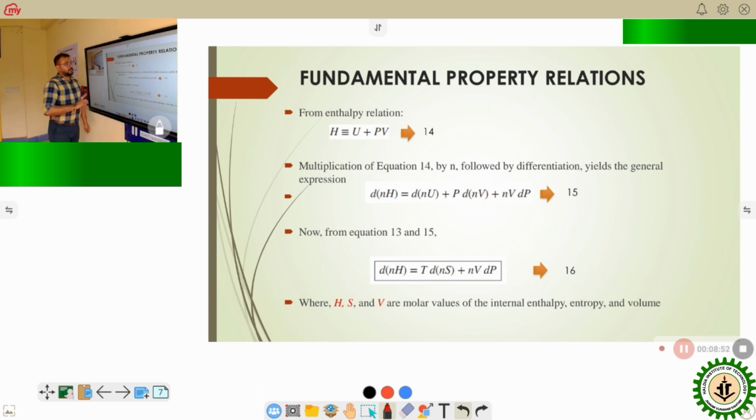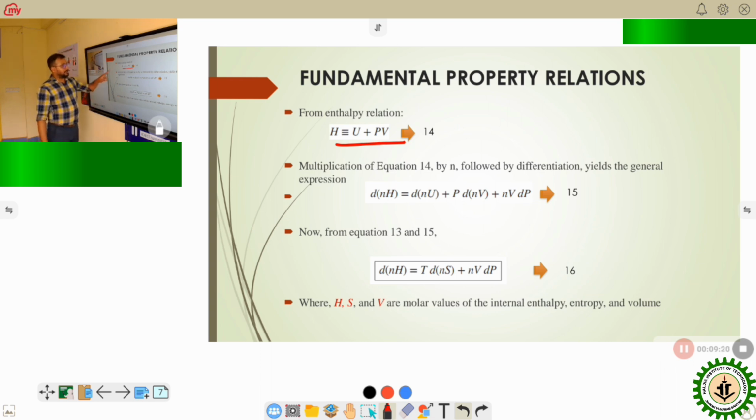Now, on the other side, from the definition of enthalpy, H is equivalent to internal energy plus the product of pressure and volume. Okay, so H is equivalent to U plus PV, which is another thermodynamic relation where we can get the idea about the enthalpy or the energy property.